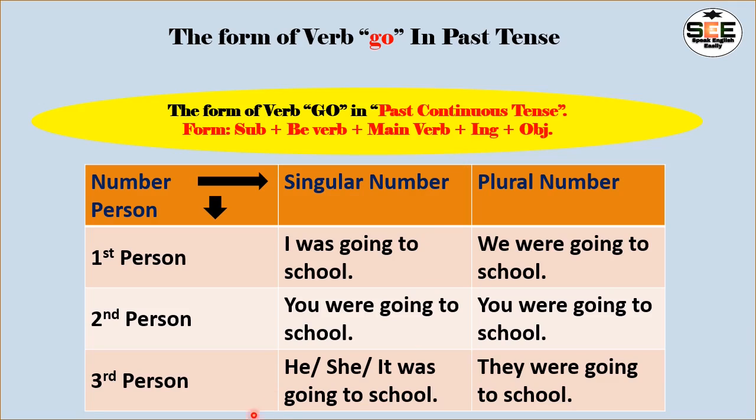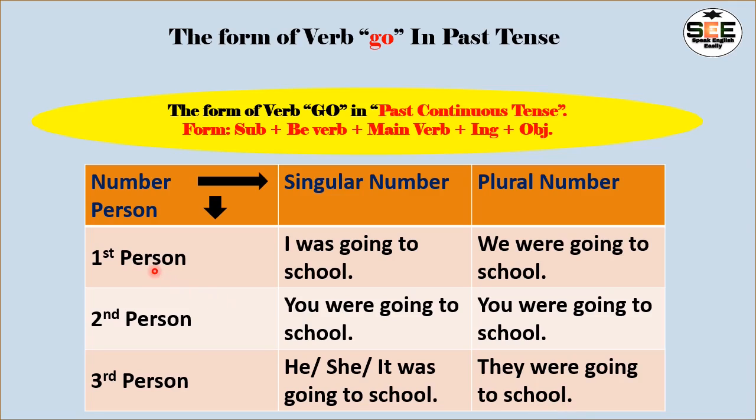So we can say either he was going to school, or she was going to school, or it was going to school. And if we see the plural number in third person, then he, she, it is replaced with they, and was is replaced with were, and going to school, going means the same go verb, and its addition is ing, so that we make it continuous form, and school is the object, right? So we can say they were going to school.